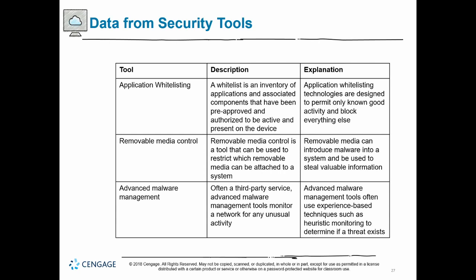And then you can use a NAC to prevent people from getting on your network. And advanced malware management, often a third-party service: advanced malware management tools monitor a network for any unusual activity.